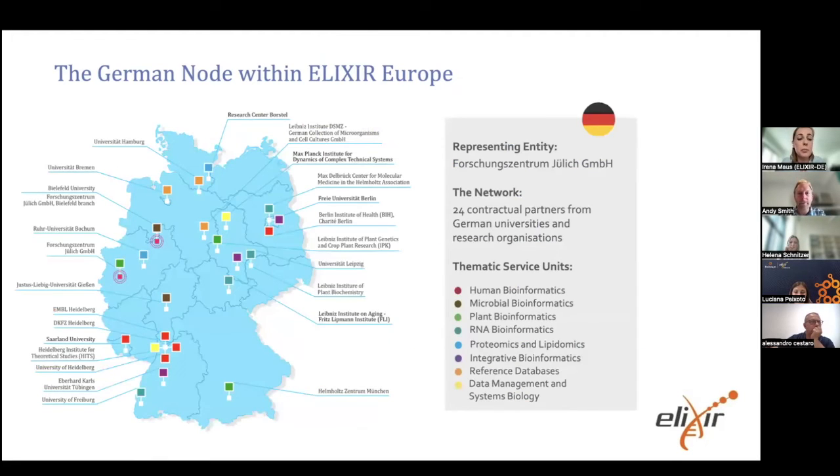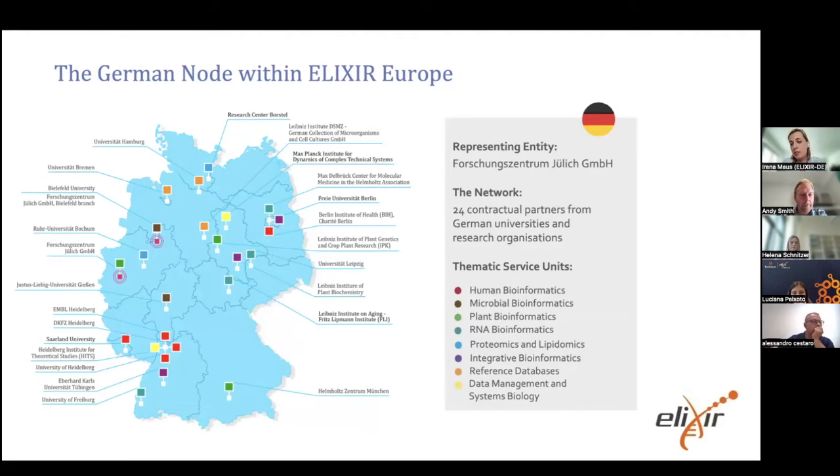However, by 2024, the node has expanded to include 24 partners from German institutions and universities. As you can see on the map on the left side, we are spread all over the country.